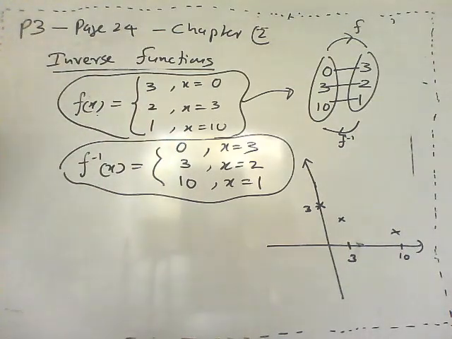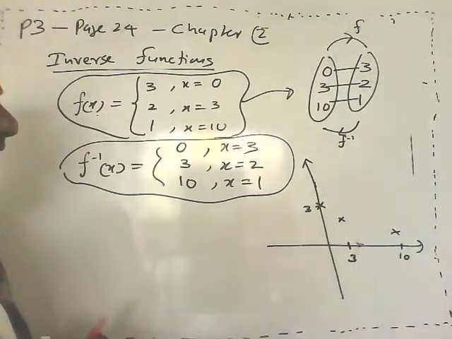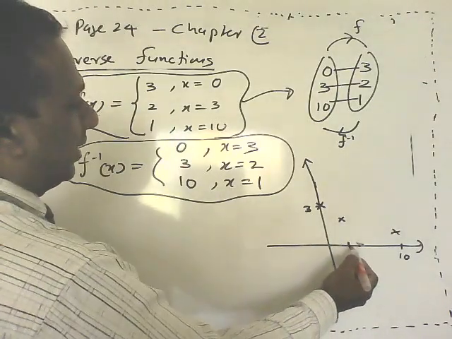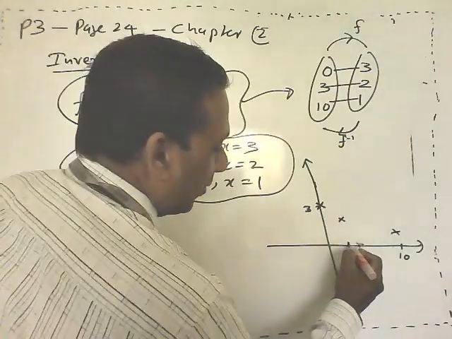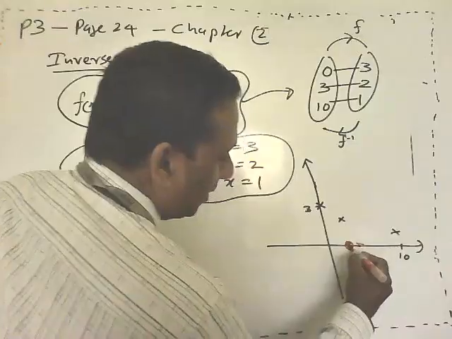Now we will mark with red color the mapping of f inverse x. For x equal 3 it is going to be 0, so it is here, I'll put a circle.